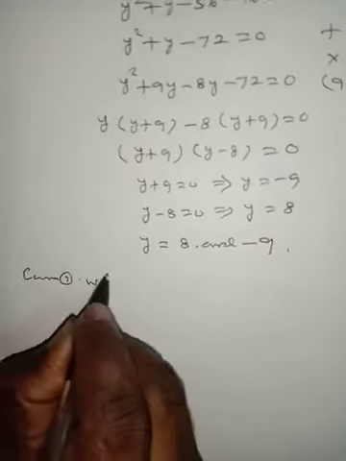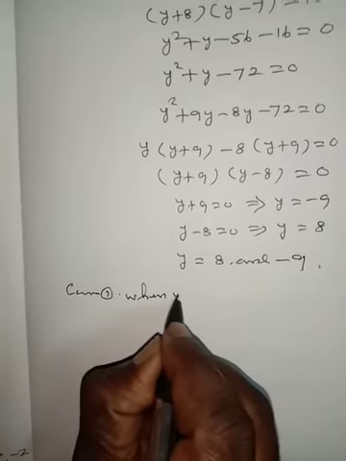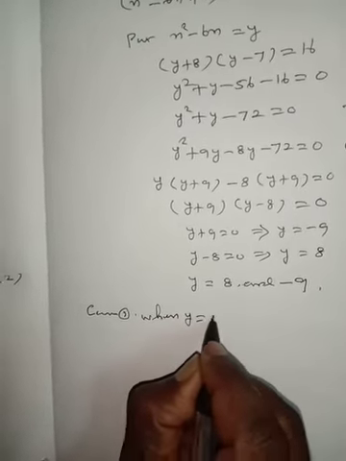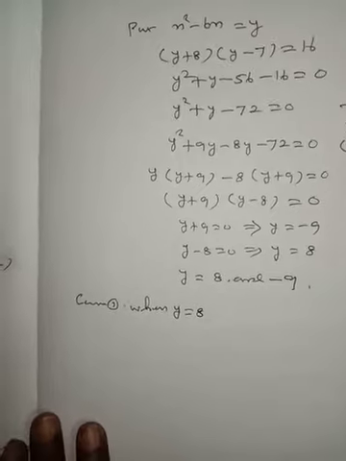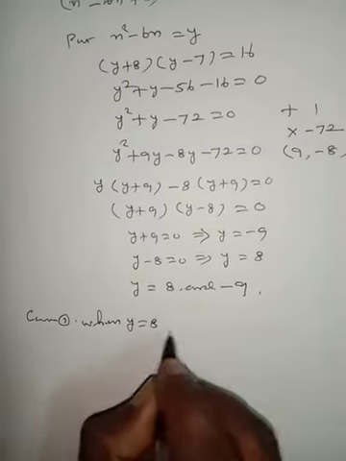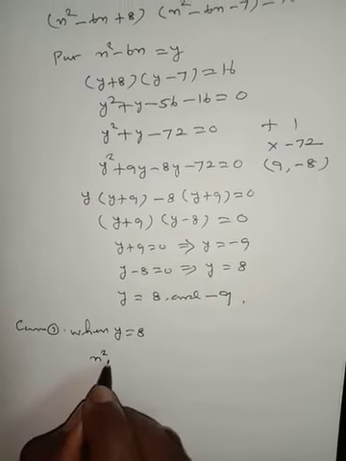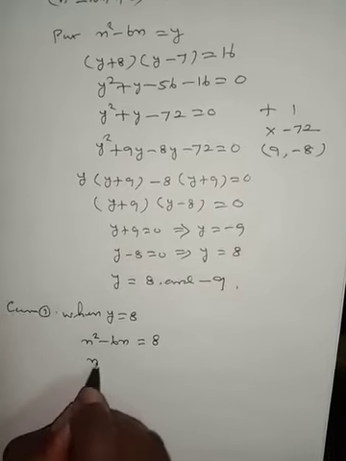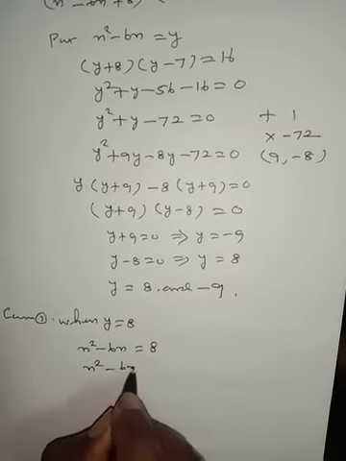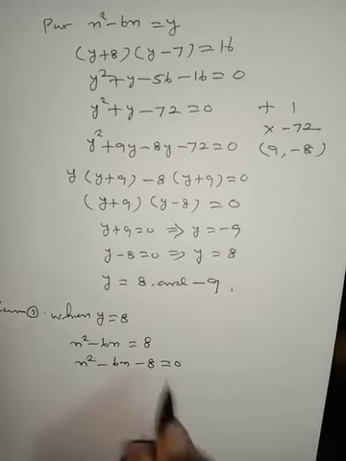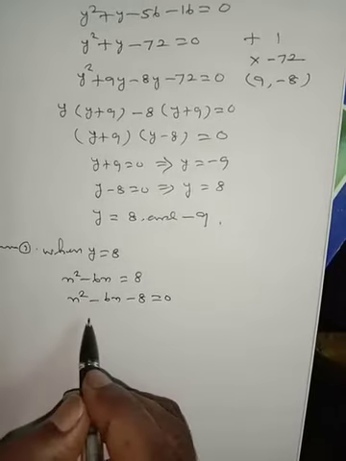Case number 1, when y is equal to 8. So x square minus 6x is equal to 8. x square minus 6x minus 8 is equal to 0. This is a quadratic equation in x having two roots.